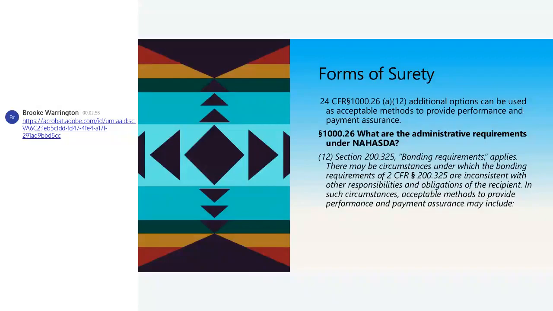Additional options can be used as acceptable methods to provide performance and payment assurance. The administrative requirements under NAHASDA, Section 200.325, bonding requirements apply. There can be circumstances under which the bonding requirements at 325 are inconsistent with other responsibilities and obligations of the recipient.